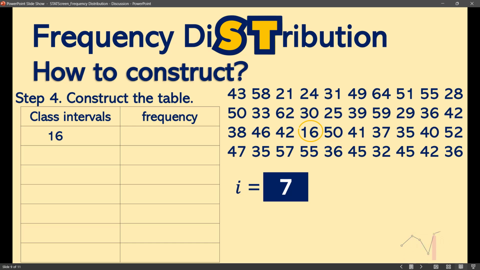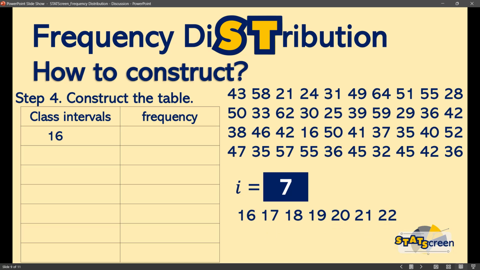Then, using the class width of 7, we would know that the upper limit of this first class interval would be a range involving 7 possible entries. So 16 to 22, that would mean our upper limit for the first class interval is 22.